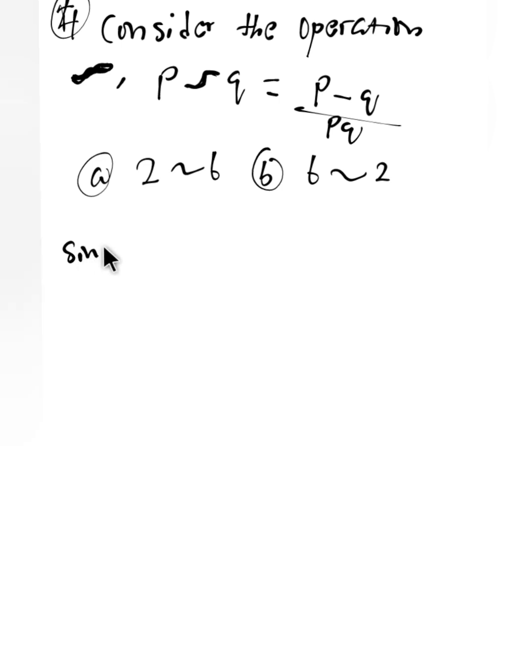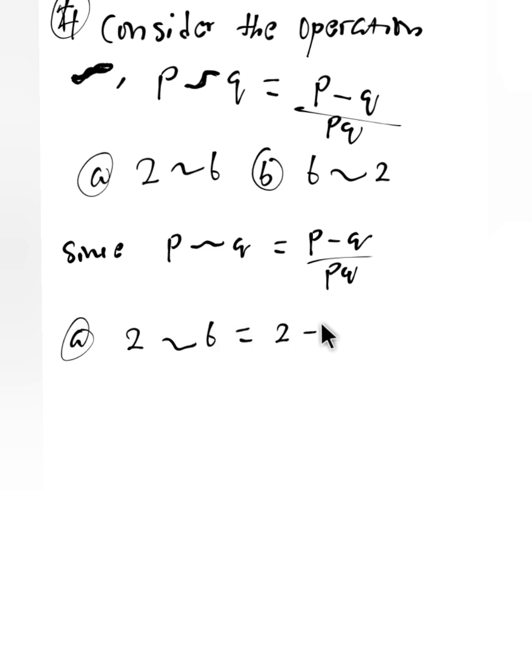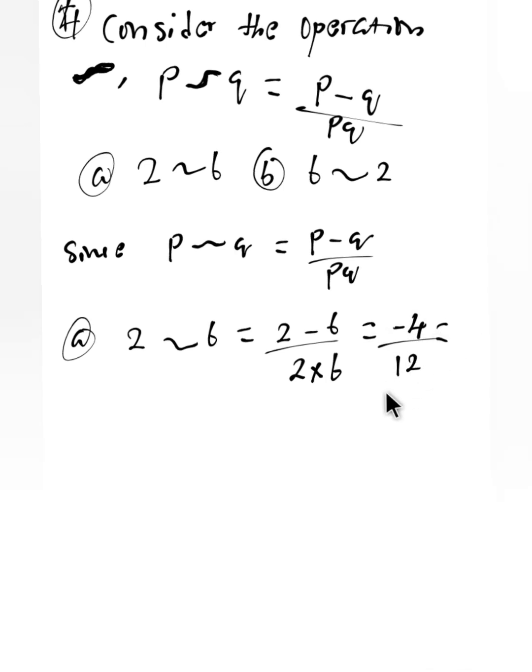Now, since P operation Q is P minus Q over PQ, then for the A part, 2 operation 6 will be 2 minus 6 over 2 times 6. And this gives us minus 4 over 12, which is the same thing as minus 1 over 3 when you divide both sides by 4.